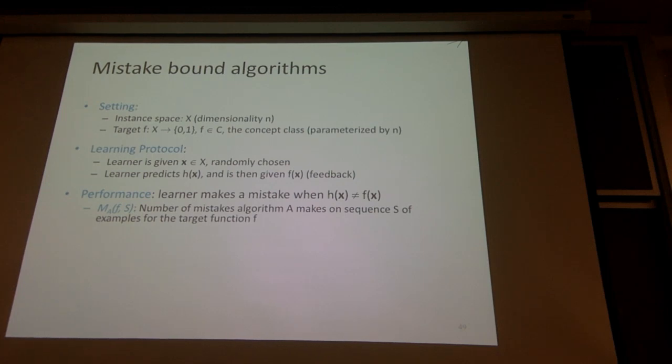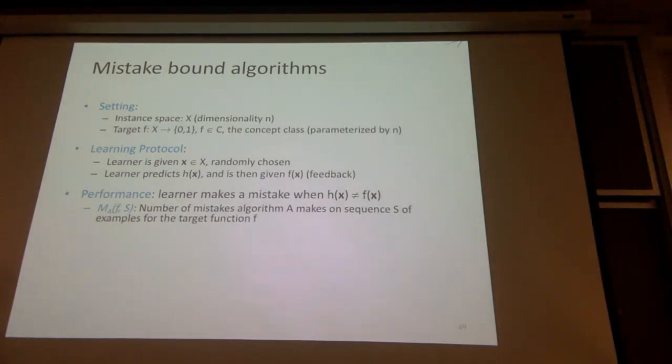So, all I have defined so far is that the learner has made a mistake on the example that you just saw, that one example. So we have a concrete definition of what it means to have made a mistake on one example. We're going to use that to build up to a sequence of examples and then the entire concept. So let's say we are given a sequence of examples.